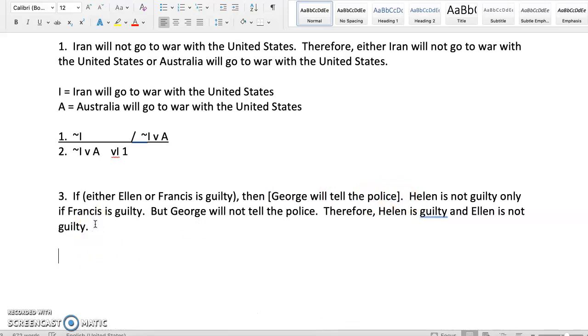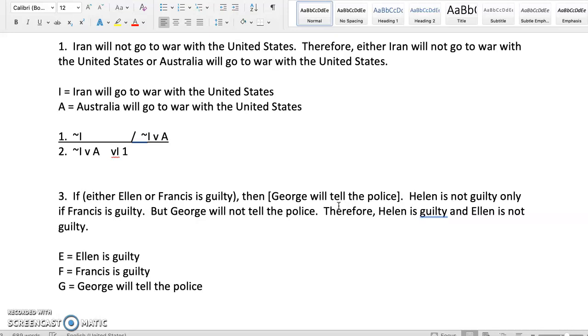Okay, so just looking at the first sentence, now we need a couple sentences. So either Ellen or Francis guilty. So we need E is going to be Ellen is guilty. F will equal Francis is guilty. And then over here, George will tell the police. G. George will tell the police.